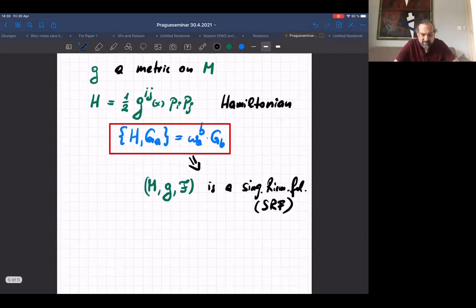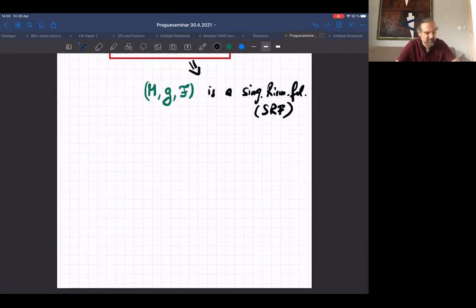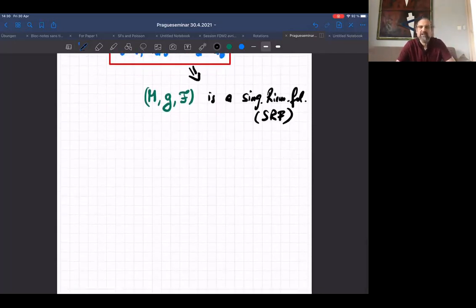And now let me start going to a formulation of this system in the BFV setting. And for that, I start with a small part about the singular foliations.